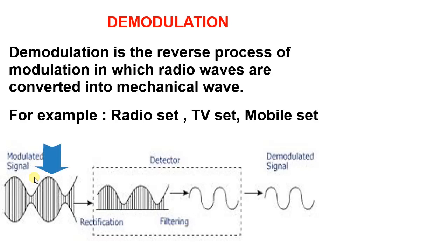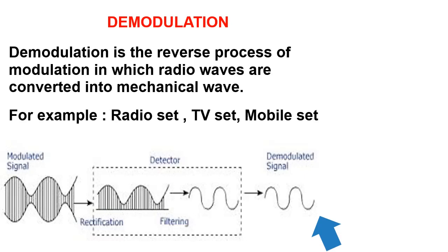Before reaching the radio set, this is a modulated signal, and this modulated signal is filtered and rectified. Two waves are separated: one is the message and another is the EM wave. So resultantly we can hear the sound or see the picture on the right side of the figure.